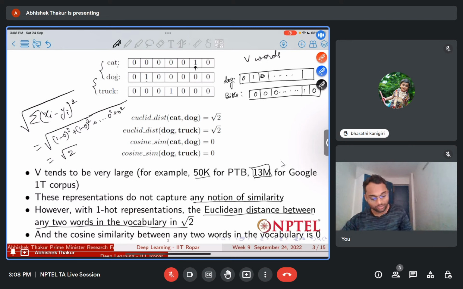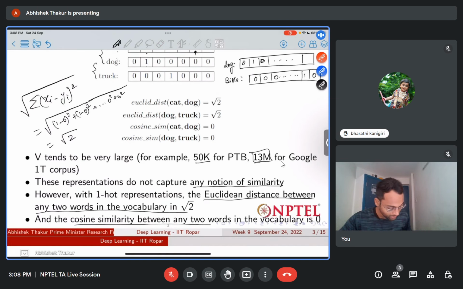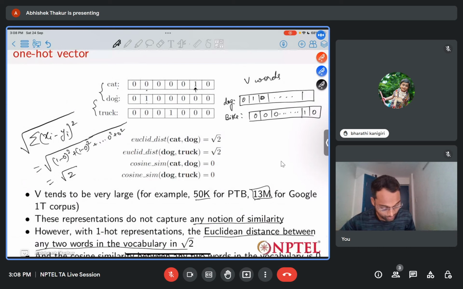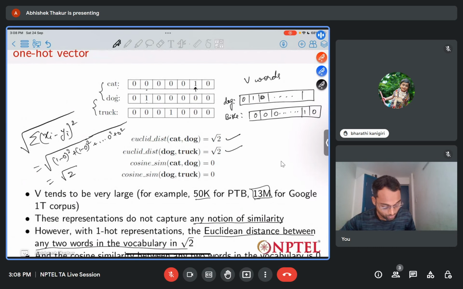So when you do the dot product of these two, you get 0 times 0 is 0 and 0 times 1 is 0, so every term is 0. That's why the cosine similarity between any two words in the vocabulary is 0. Let's see an example: the Euclidean distance between cat and dog is root 2, and between dog and truck is also root 2. And the dot product between cat and dog is 0, and between dog and truck is also 0.